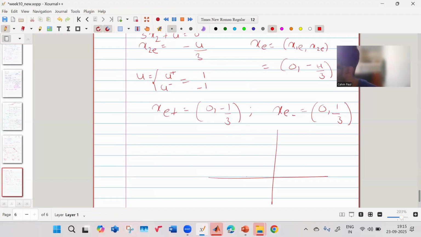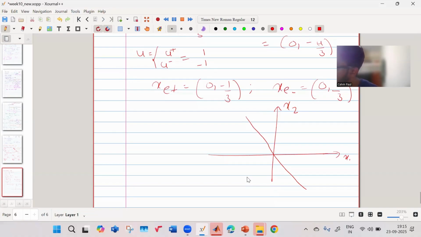This is your state space plane x1, x2. This is your sliding surface. Where will your xe plus come? In which quadrant?